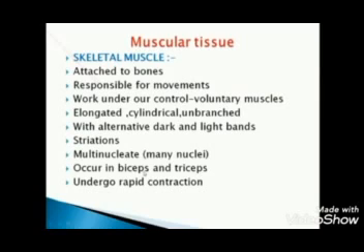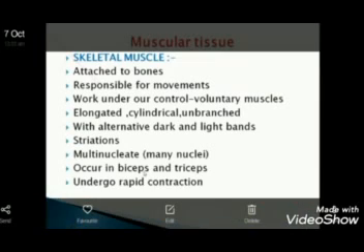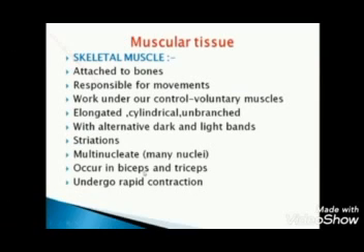The muscle fibers are elongated, cylindrical, and unbranched, with alternate dark and light bands, which give a striped or striated appearance. It is multinucleate, having many nuclei. It occurs in the biceps and triceps. It undergoes rapid contraction.